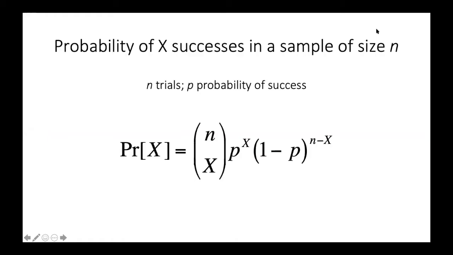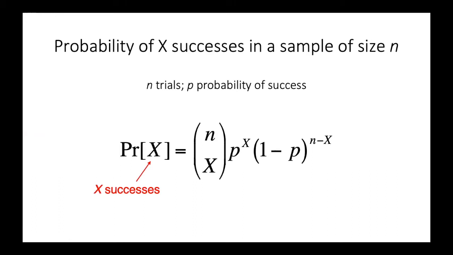Okay. So in a binomial distribution, we can describe the probability of getting X successes in a sample size of N using the following equation. In this equation, the probability of X represents the probability of getting X successes.